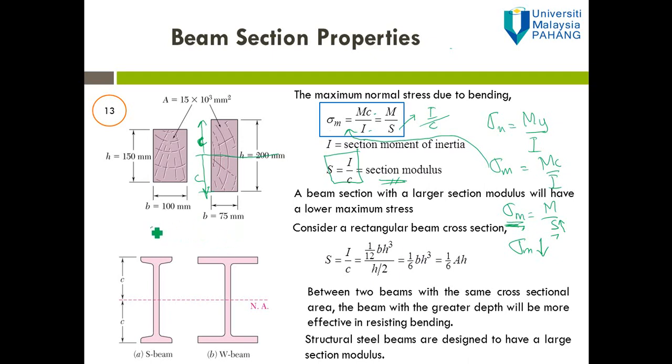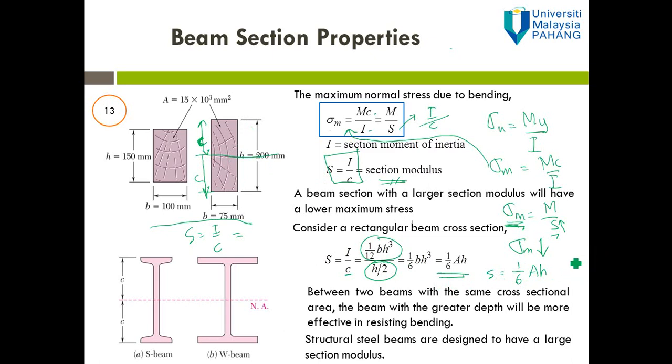If we consider this beam, we know that S is equal to I over c, and if we substitute the value of I, which is basically equal to 1 over 12 b h cubed, and the value of c equal to h over 2, from here, this is the h, so c equals h over 2, then finally we obtain S equal to 1 over 6 A times h.